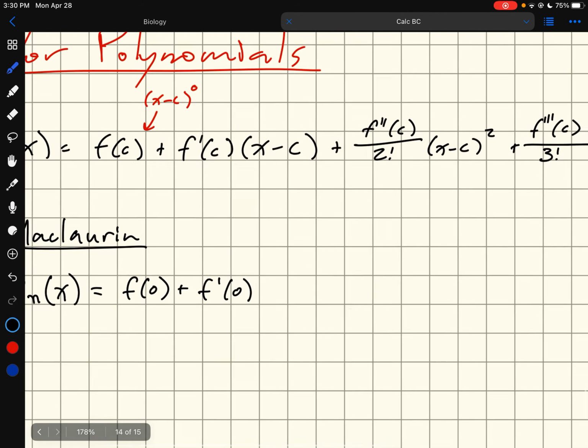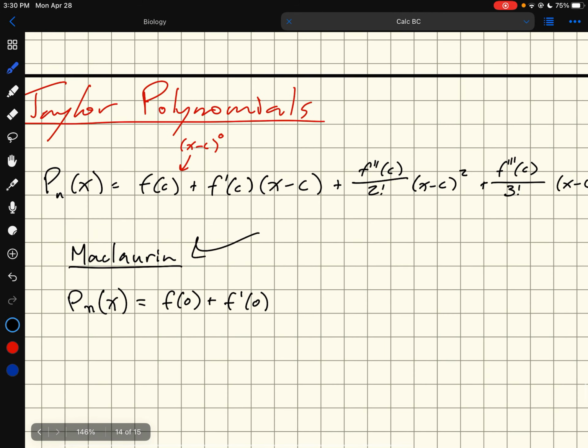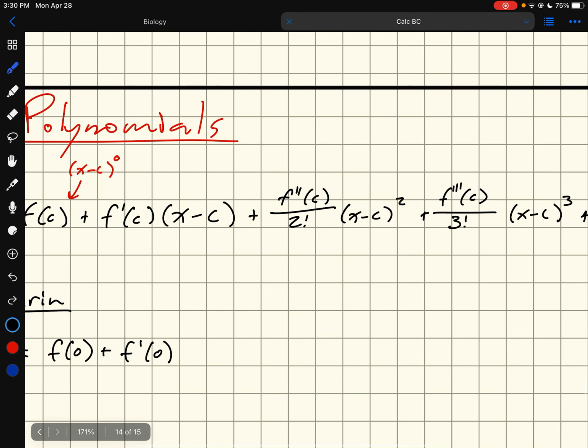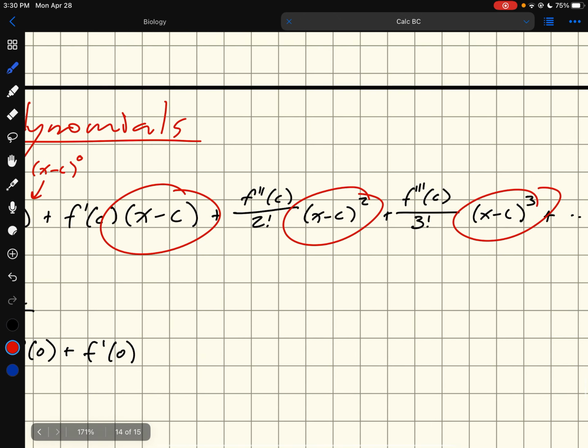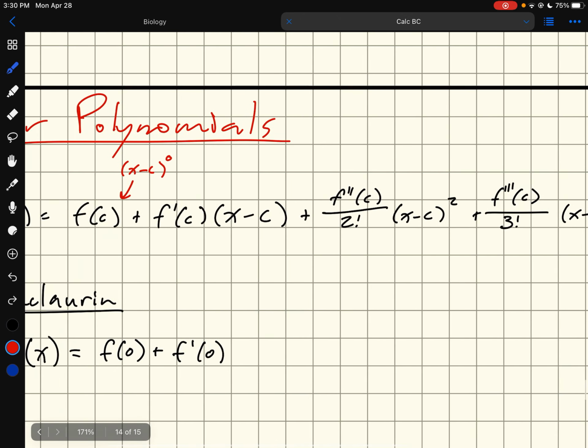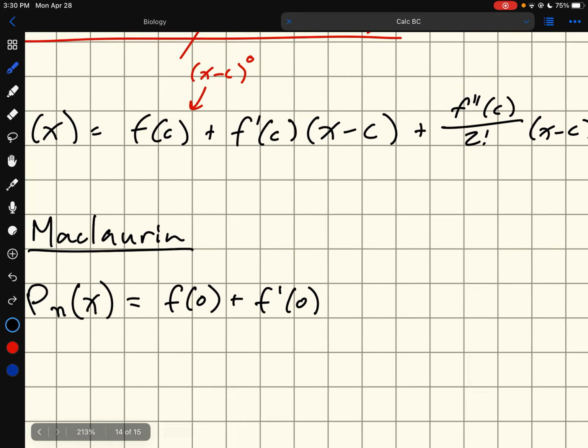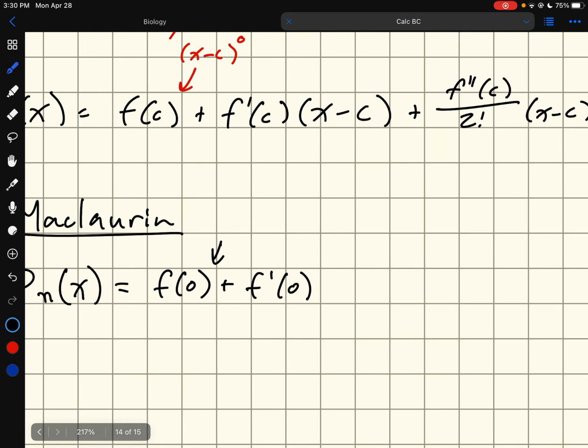But now the reason this one is differentiated is because all of these x minus c terms, you don't need that c part. So all you're doing is increasing the exponent of the x by 1 each time. Here we had x to the 0, here we're going to have just x.